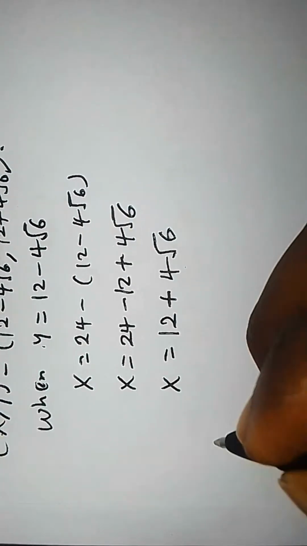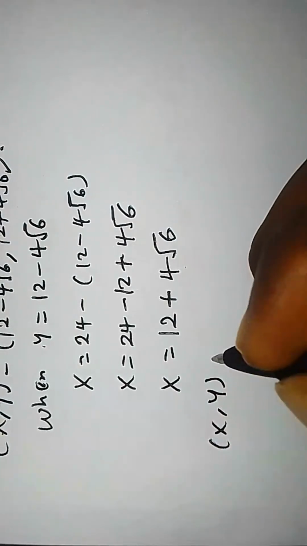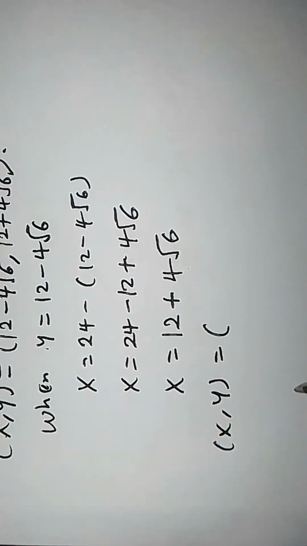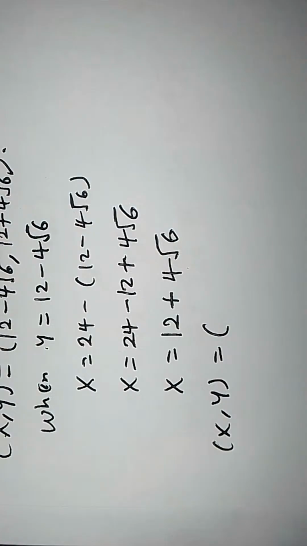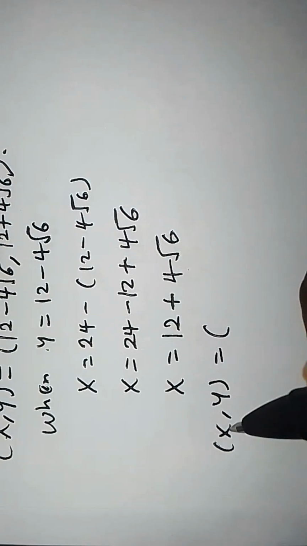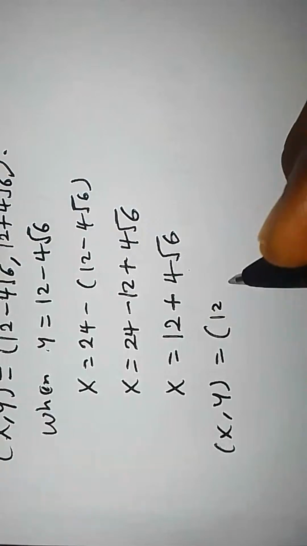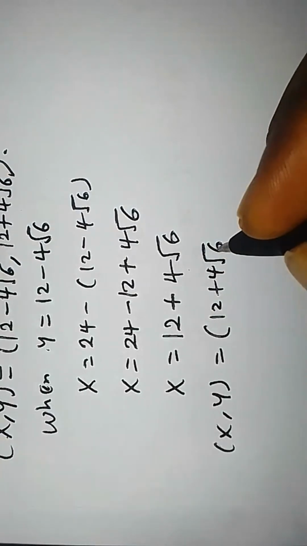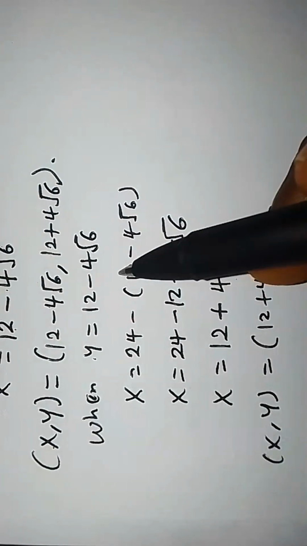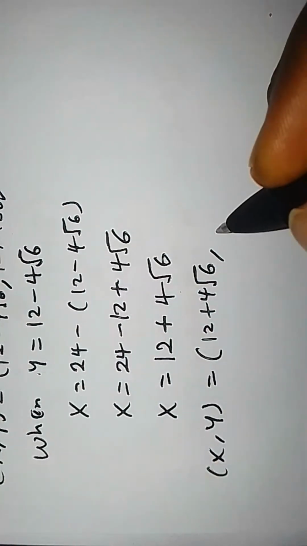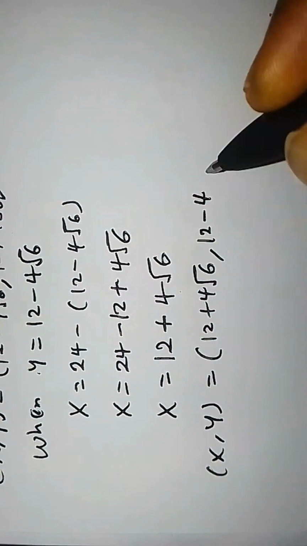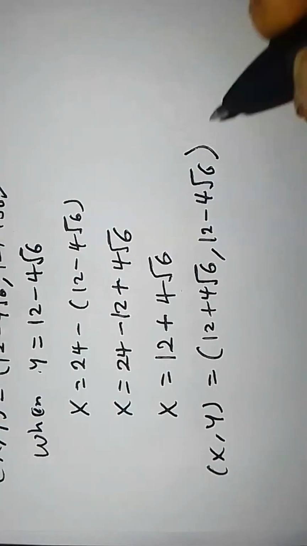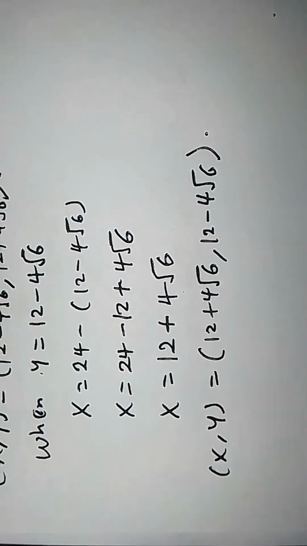That means x comma y is equal to, when x is 12 plus 4 root 6, the value of y is 12 minus 4 root 6. This is the second solution.